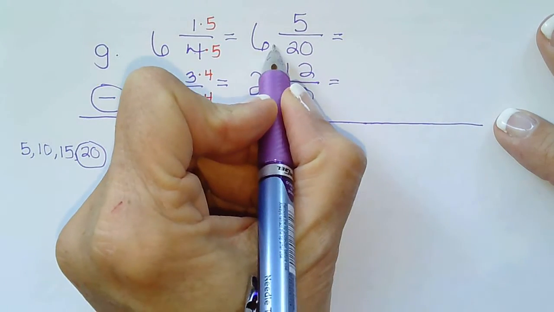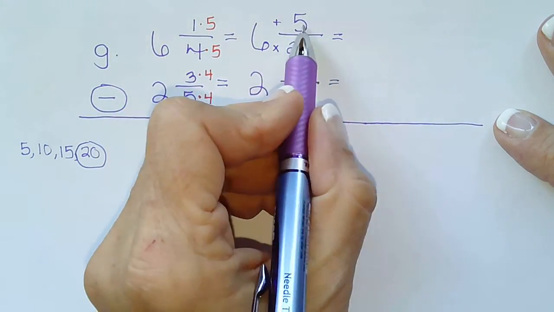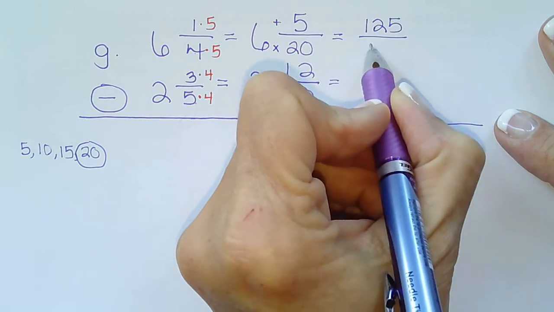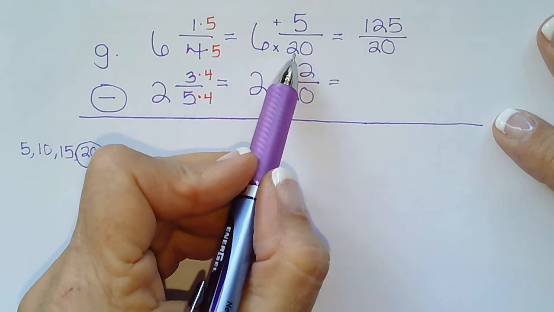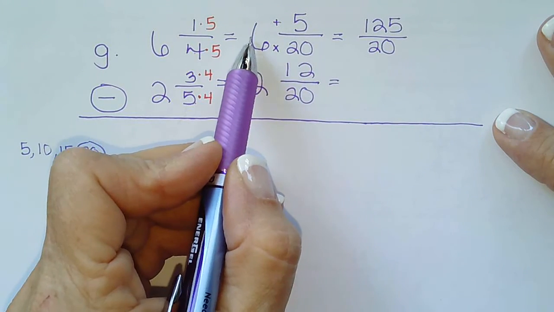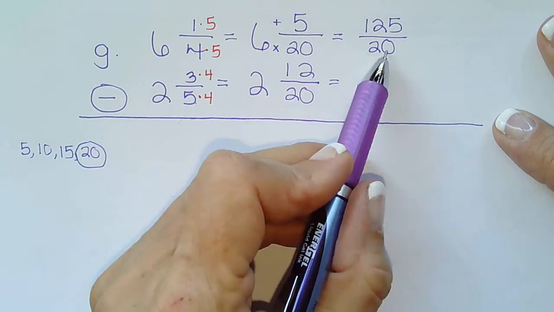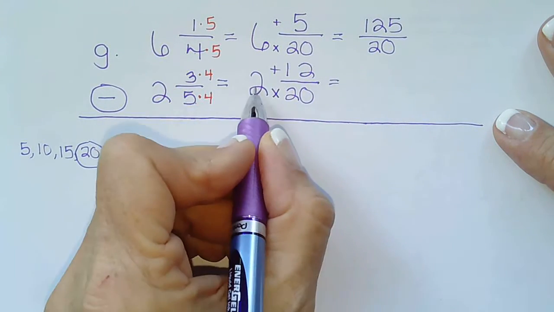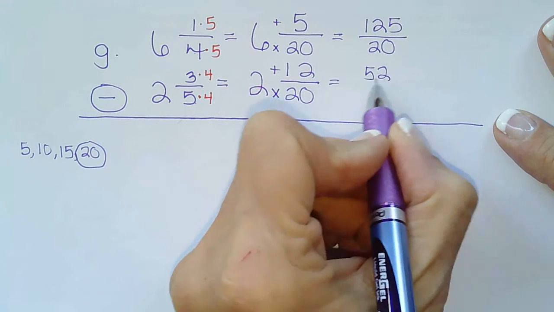So to make them improper, remember from our previous chapters, we do 120 plus 5 would be 125 and keep the same denominator. So you'd multiply the denominator by the whole number, which is 120, and you add the numerator, and then you keep it over the same. Then you do the same thing here. 20 times 2 is 40, plus 12 is 52 20ths.